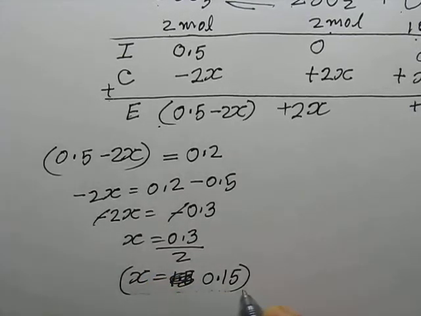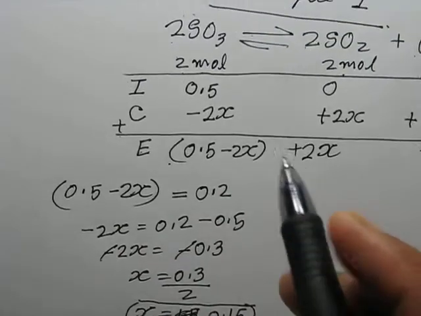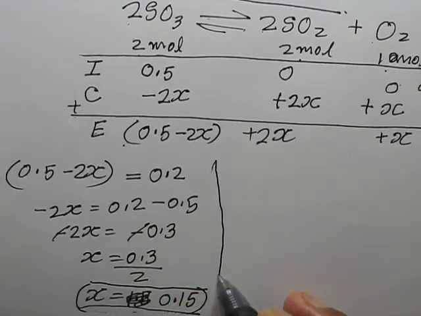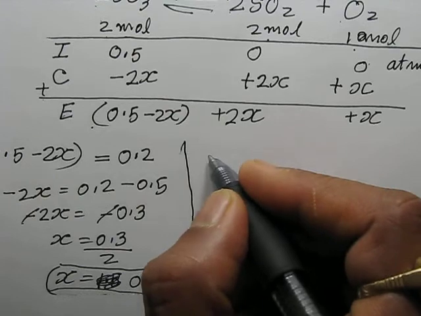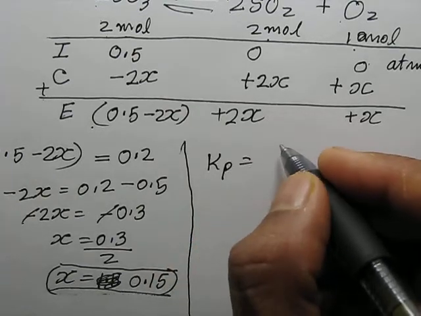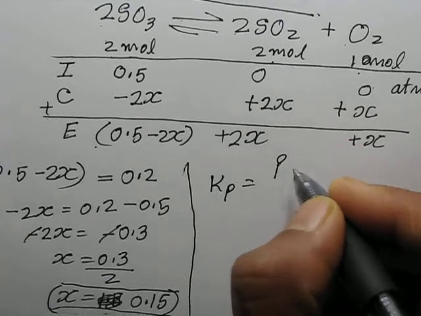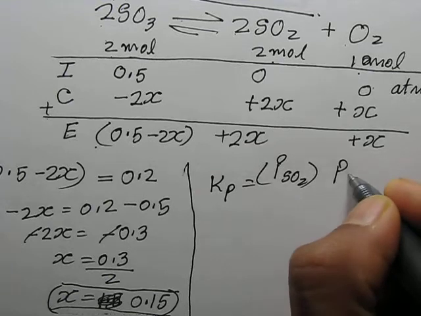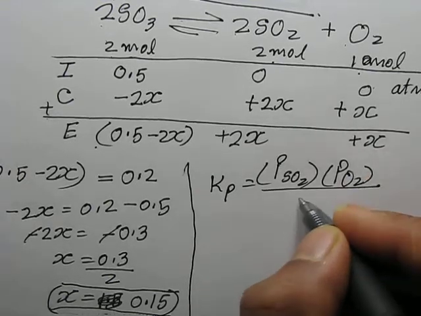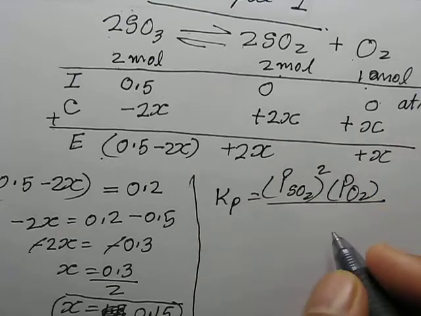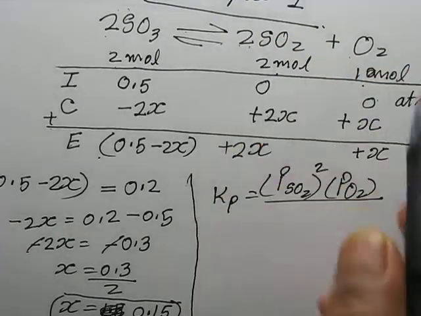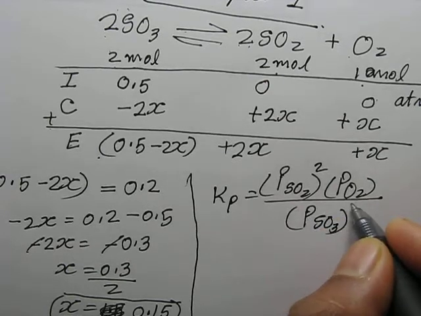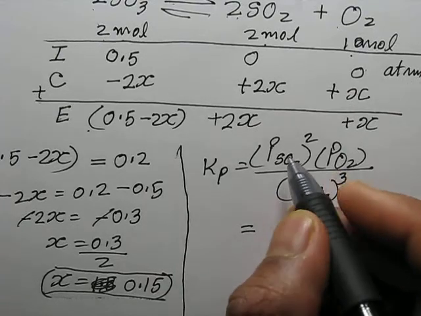So now we have calculated the x value, because they gave me the equilibrium concentration of SO3, and now we can use this information to calculate Kp. So Kp will be equal to the partial pressure of SO2 squared, because of this coefficient, and the partial pressure of oxygen, divided by the partial pressure of SO3 squared.